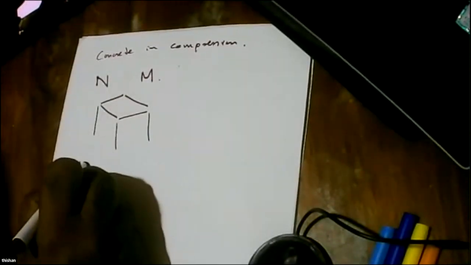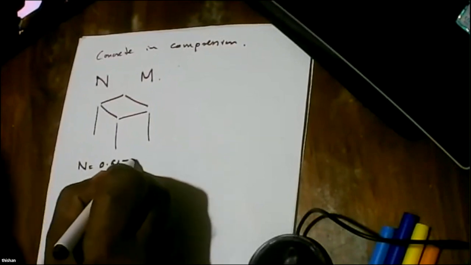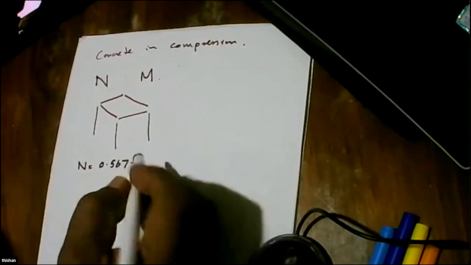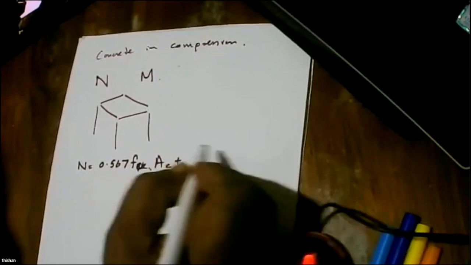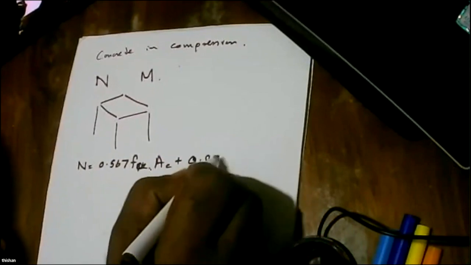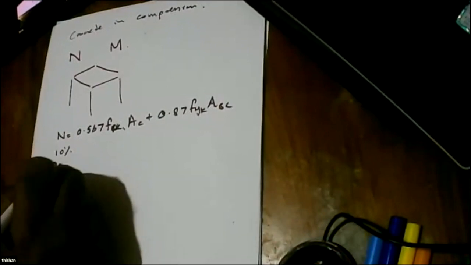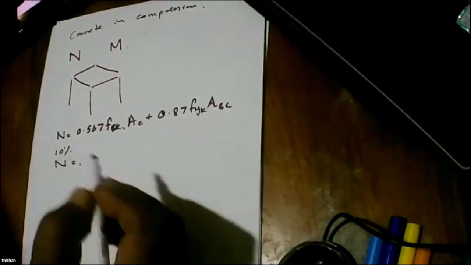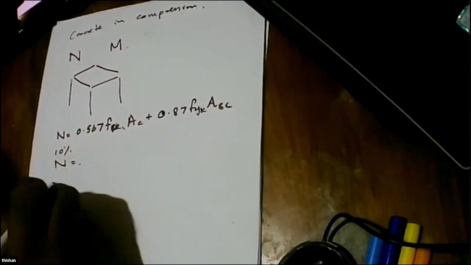I said N is equal to 0.567 FCK AC plus 0.87 FYK AC. Right. And then I said, this is the maximum capacity, so 10% reduction first to design a column subject to the axial loads plus small bending moments.